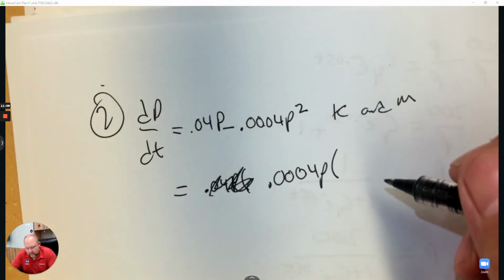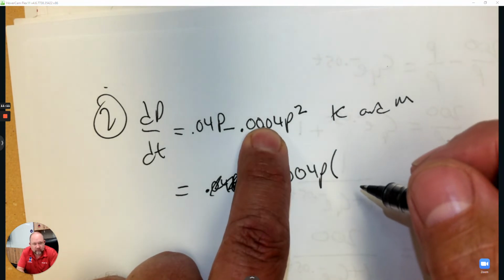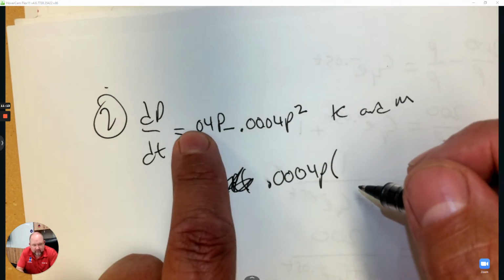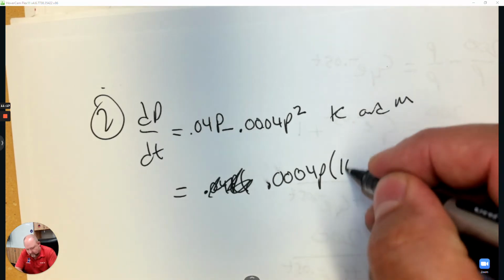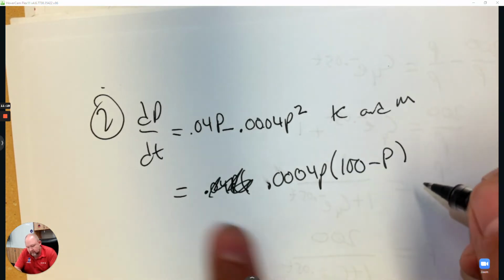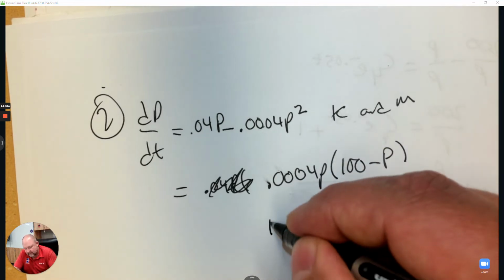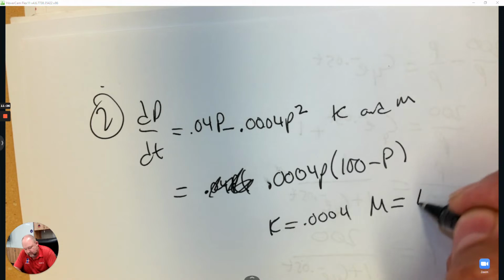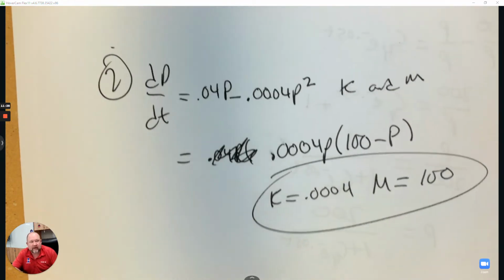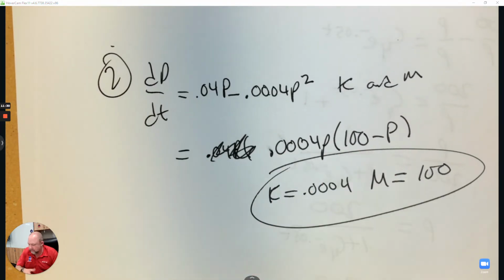And then what I'm left with when I factor that out is that 100? So I factor it out, and then I can see k is 0.0004, and the maximum capacity is 100. Just factoring it out and putting it in the form that we had at the beginning.